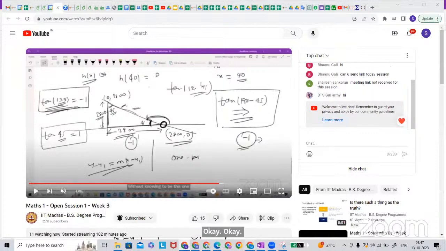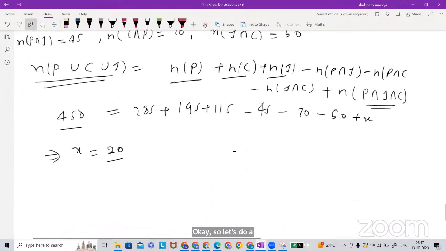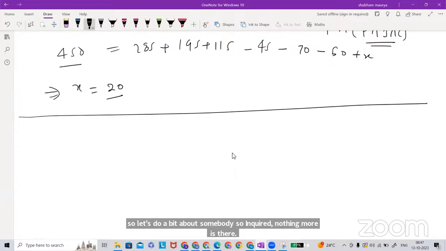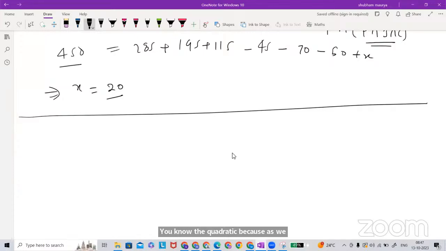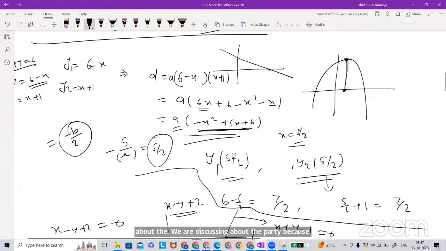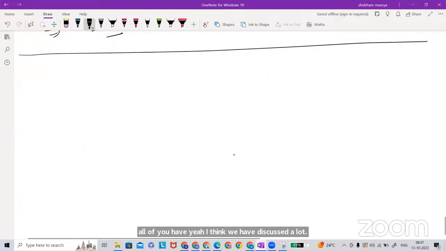Okay, so let's do a bit about the summary. In quadratics, nothing more is there. We have discussed a lot about the quadratic. So what is a quadratic function?